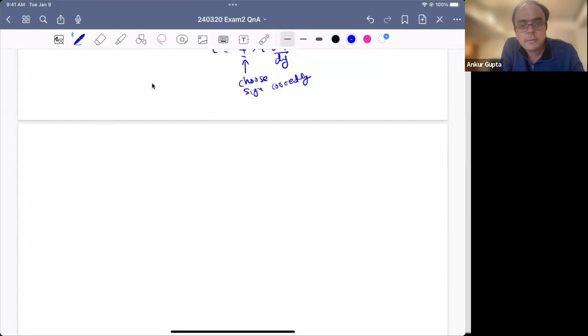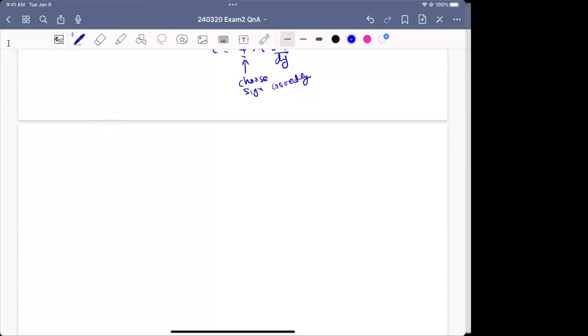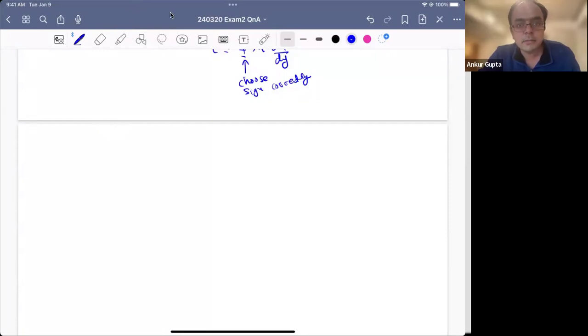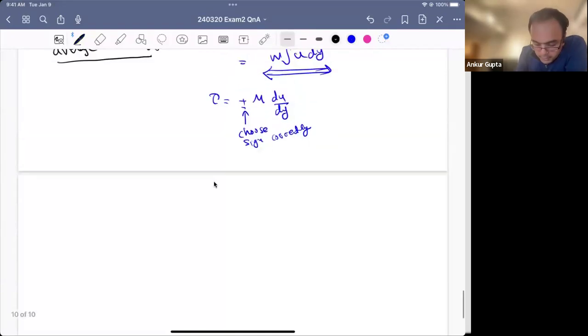Is that the Bernoulli's problem? Yes. Okay, sounds good. I'm just making sure the values are correct.